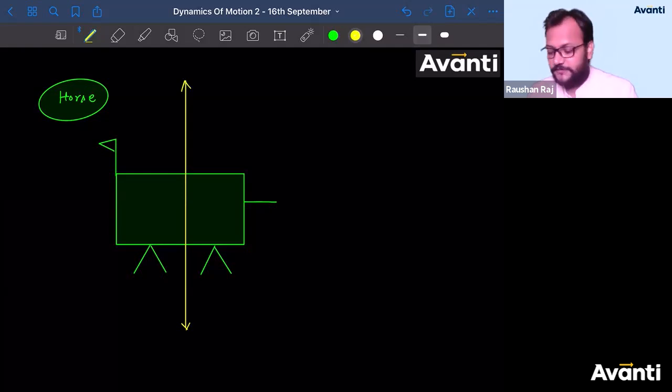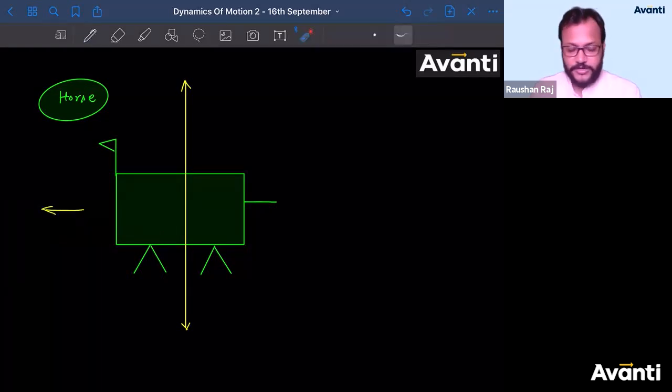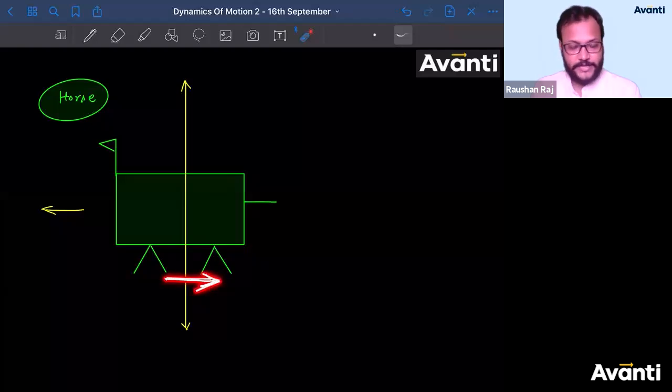Tell me guys, what will be the other forces? To move forward, the horse will push the earth in the backward direction. This is the force applied on the earth by the horse.